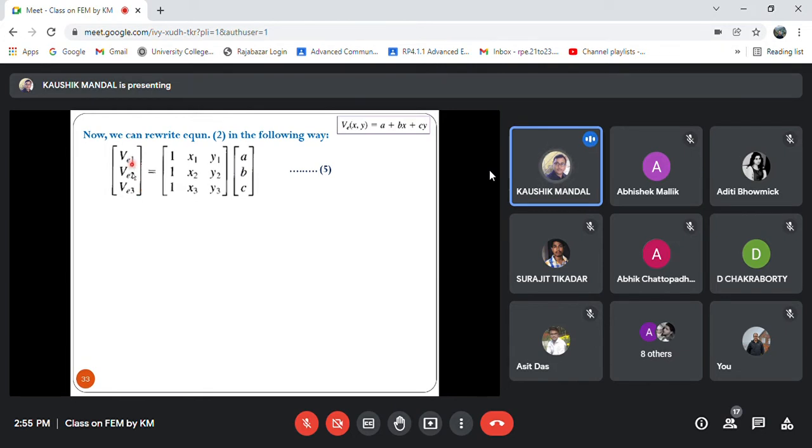That will be VE1, VE2, VE3. On the right hand side, it will be 1 x1 y1, 1 x2 y2, 1 x3 y3. These are the coordinate points of the corresponding nodes, and that is multiplied by another column matrix ABC. That means equation number 2, the basic polynomial approximation, is now written in matrix form in equation number 5.